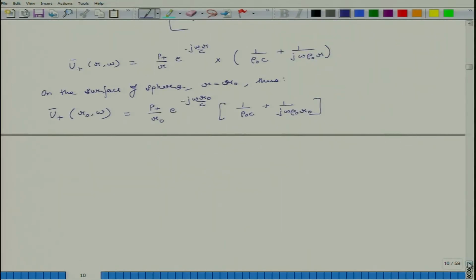So, if I manipulate this relation, I can write it as P plus equals u plus, which is a function of r naught and omega.